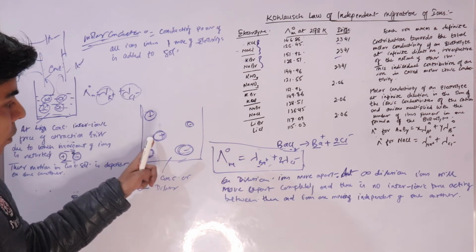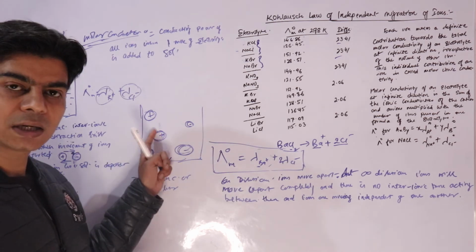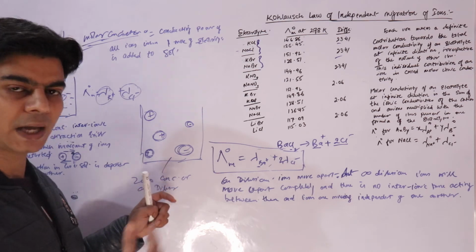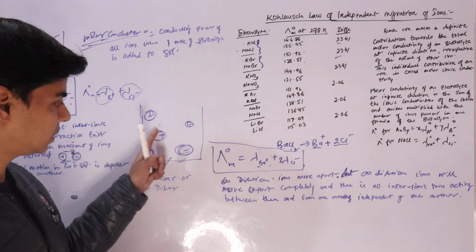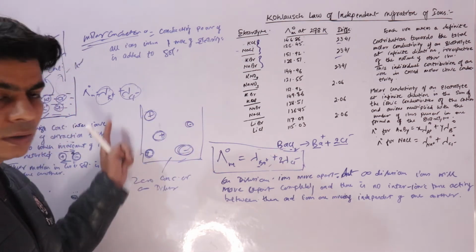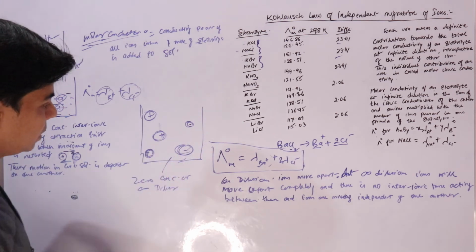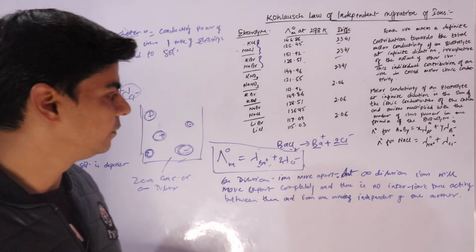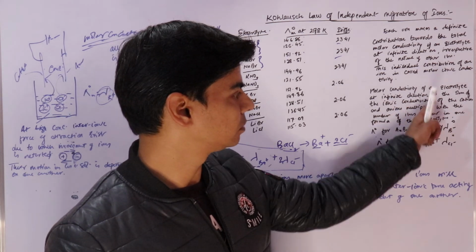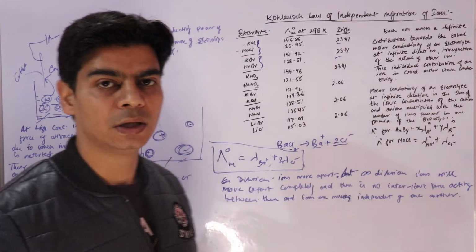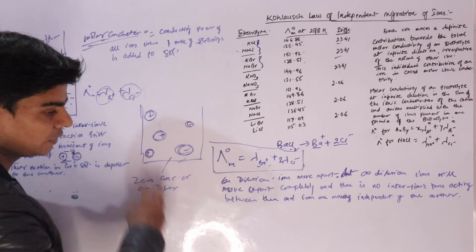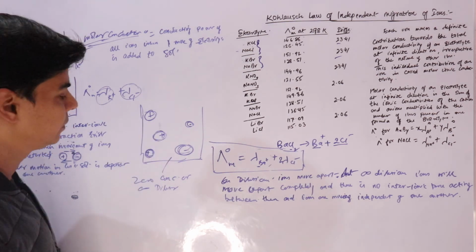They are conducting current in the solution of this electrolyte, which is known as ionic conductivity. Ionic conductivity is the conductivity of these ions.